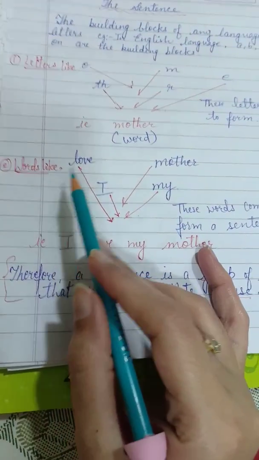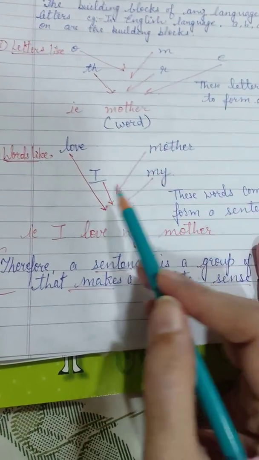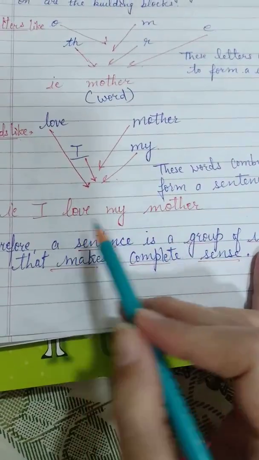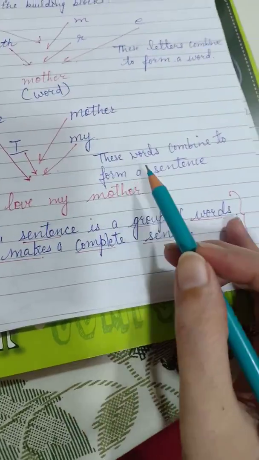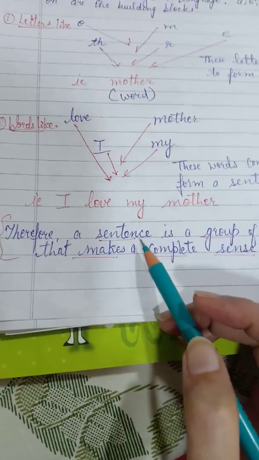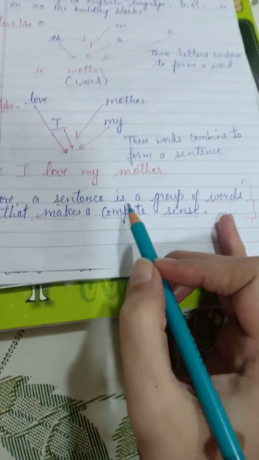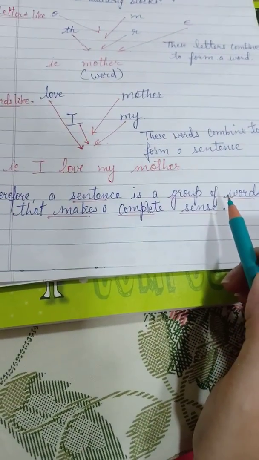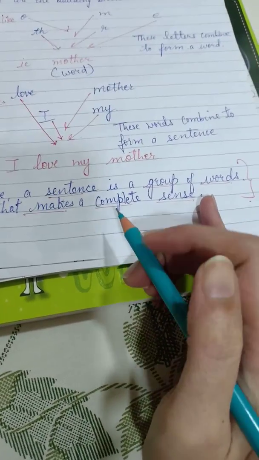And when words like love, mother, I, my combine, they form a sentence. Therefore, a sentence is what? A sentence is a group of words that makes a complete sense.